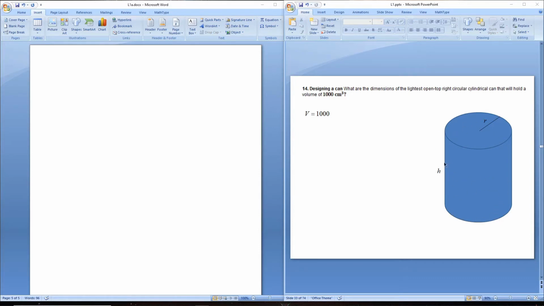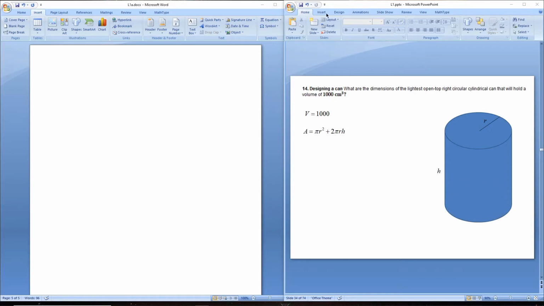That will all be composed of some material. And so we want to make it as light as possible, which means the least amount of material. And so we want the area to be as small as possible, while still holding a volume of 1,000 cubic centimeters. So that area: first off, pi r squared. That's the circular bottom.